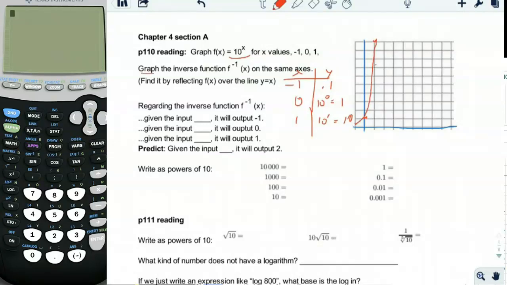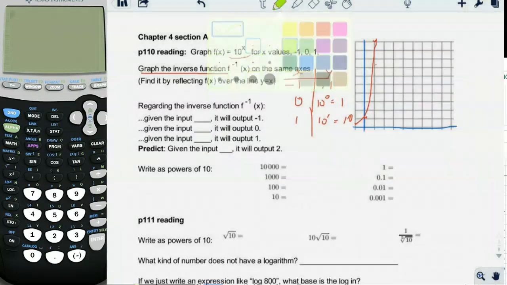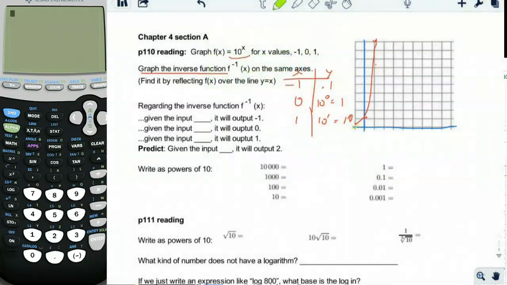Now it says graph the inverse function f inverse of x on the same axes, and you just find it by reflecting over the line y equals x. So I've drawn the line y equals x in green, and now I'm drawing the reflection of the red line in purple.